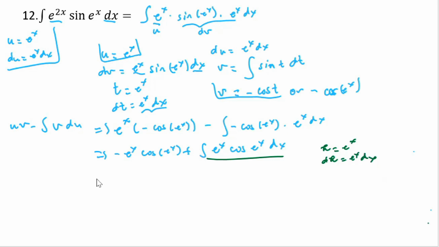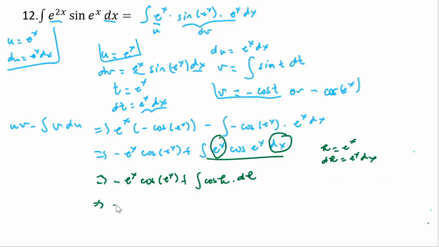By rewriting that given, I can write the negative of e raised to x cosine of e raised to x plus, rewriting this one in terms of k, cosine of k times e raised to x dx, which is equivalent to dk.